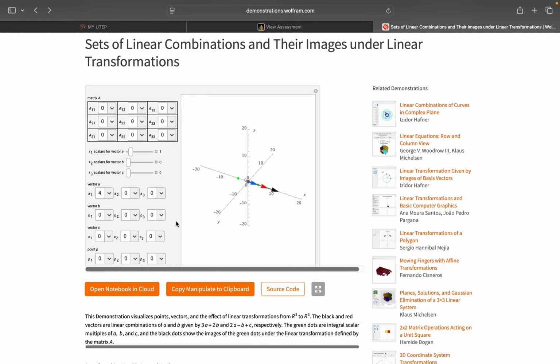So as we do 1, this would be our vector a, which is the blue one right here. If we multiply it by 1, then it's just that vector right there. If we move it to 2, we can see that this would be by 2, so it would end up at the second dot, the green dot.